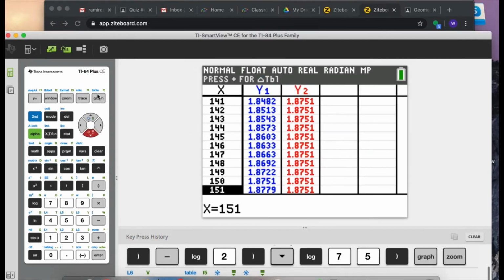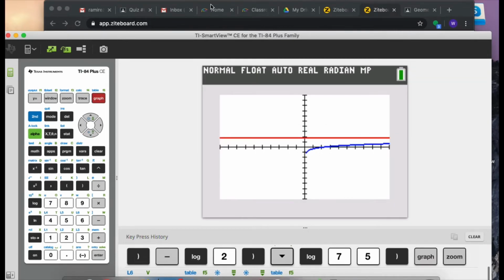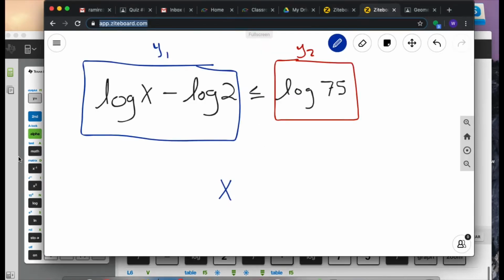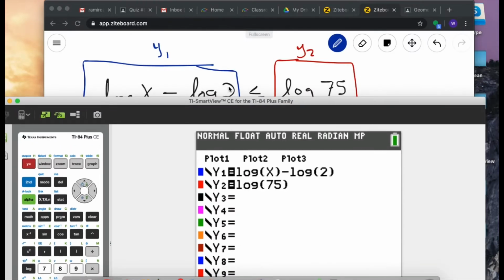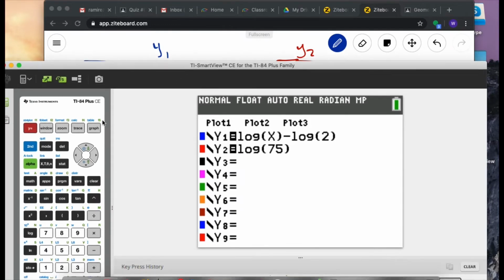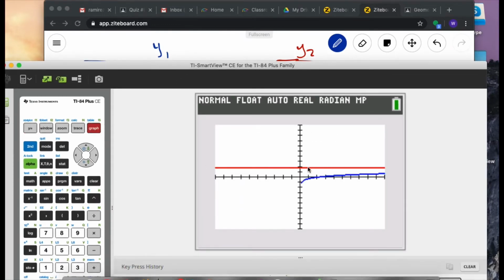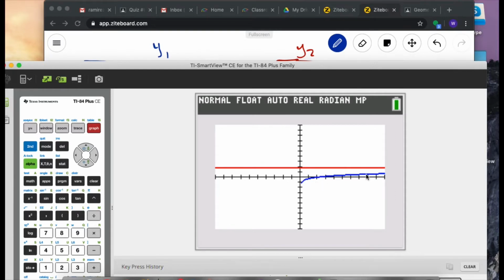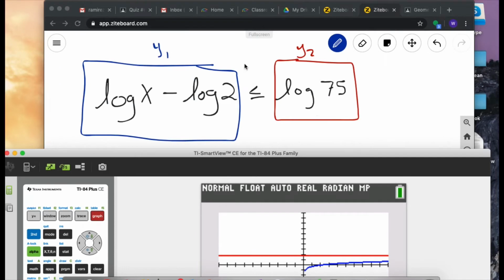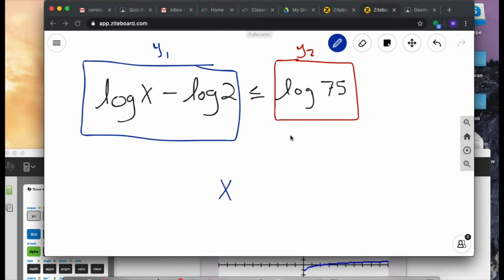now the graph, when we look at the graph, notice it's below it. So X, and how I can tell that is that this graph here, log of X minus log of 2, is below log of 75. So here's log of 75, here's log of X minus log of 2, and we're looking for the solutions below, so X is less than or equal to that.